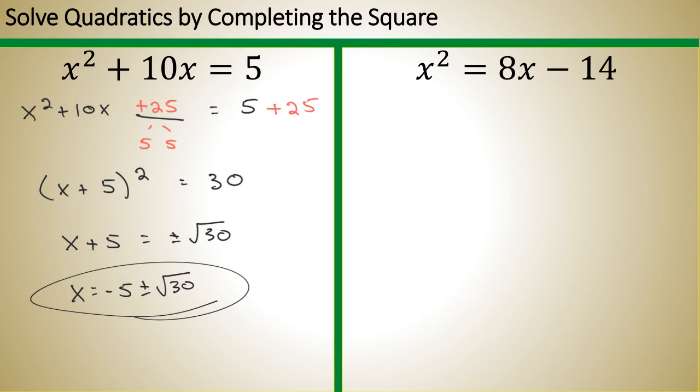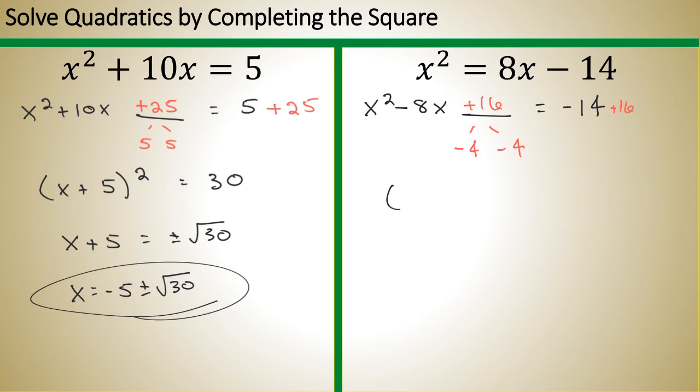Okay, the other one, we need to move 8 to the left side, so we get x squared minus 8x, leave a gap, is equal to negative 14. Okay, so now break that negative 8 in half. That's going to be negative 4 and negative 4. So we have a plus 16 here, and we add 16 to the other side.